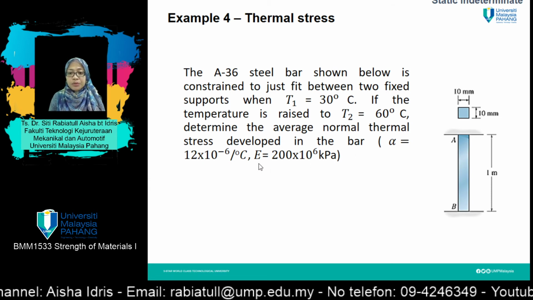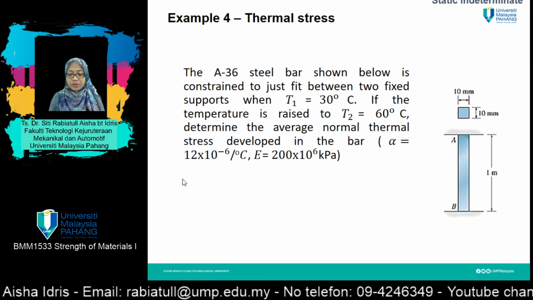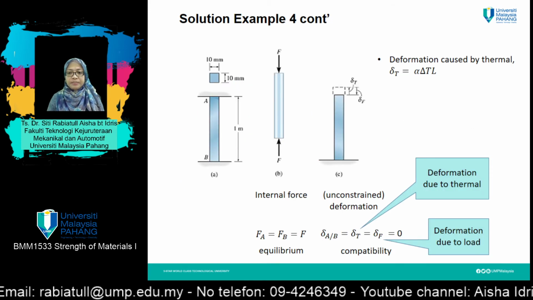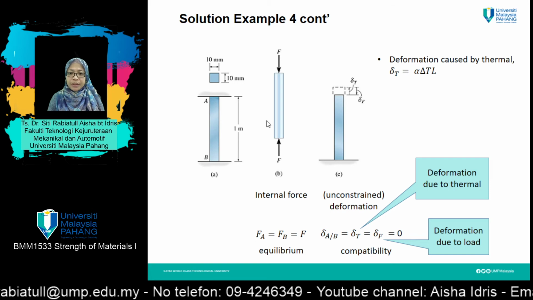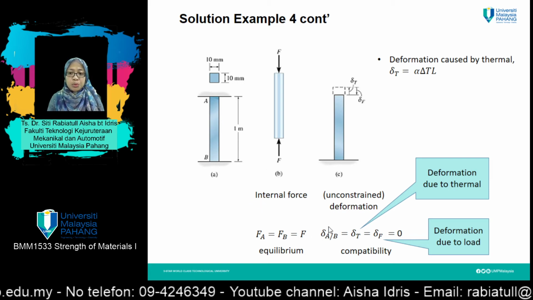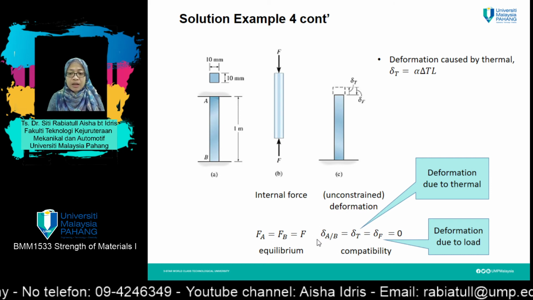Alpha is given to you, Young's modulus is also given to you. So the first step to do is to draw a free body diagram, and also to apply this formula.